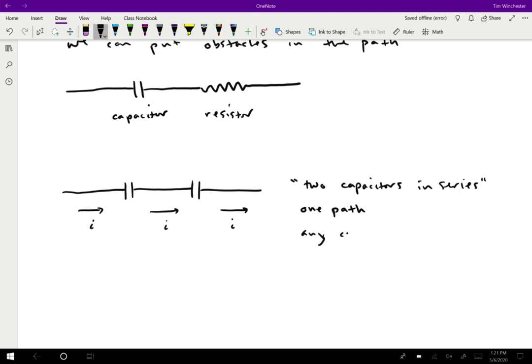Okay, so any current leaving one capacitor enters the other. Right? And that would be true no matter what the components were. So if they were capacitors, resistors, or something else, we still would be able to describe them as being in series.